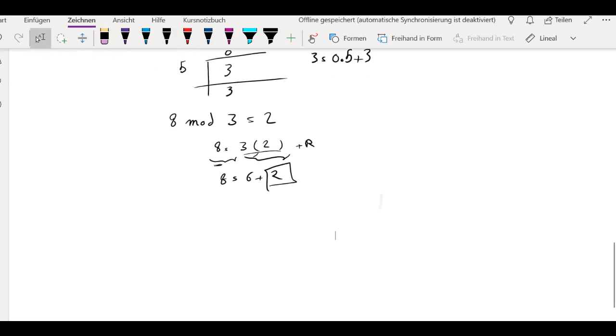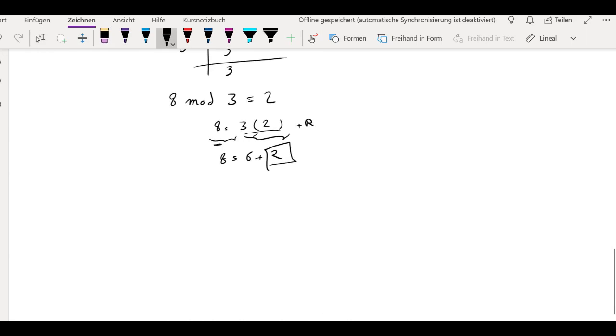Now what if we have to use a negative number, like instead of 8 mod 3 let's try minus 8 mod 3. As before, minus 8 is equal to 3 multiplied by another number we don't know, and these two should have the same sign, plus R. So a little bit smaller, as mentioned before.